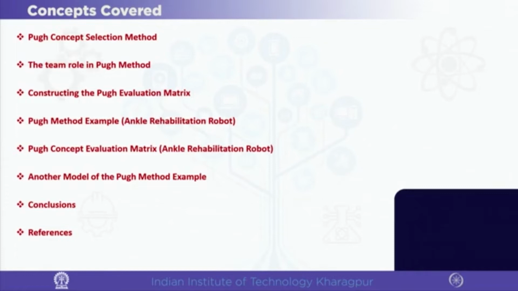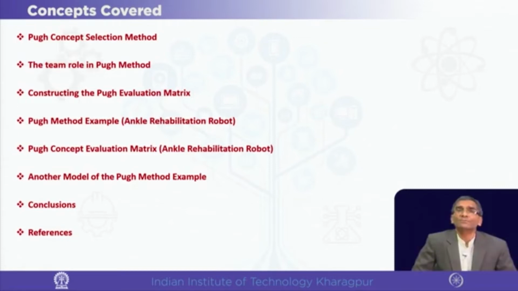So, one of the concept selection methods, in continuation with our earlier discussion, is the Pugh method, and that we will discuss here. First we will see what the session contains. It talks about the Pugh concept selection method and the team role in the Pugh method, because design as such is largely product development, also largely a team activity.